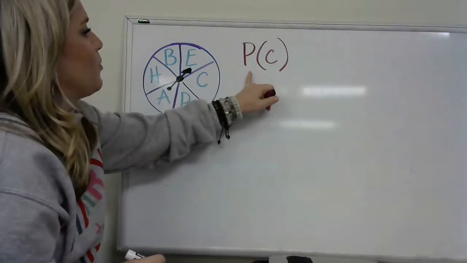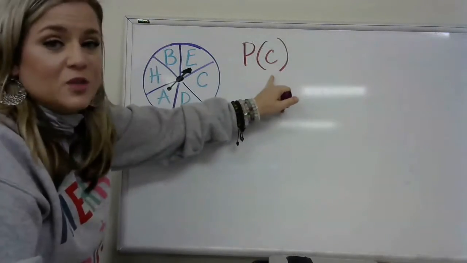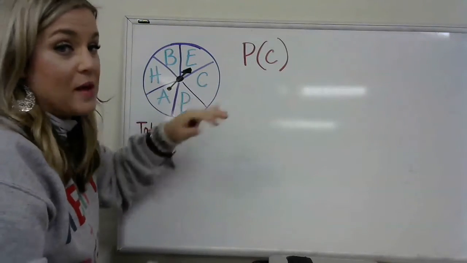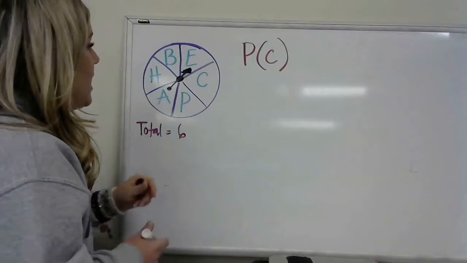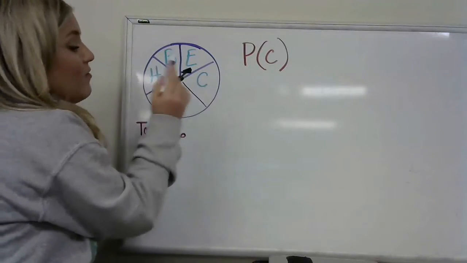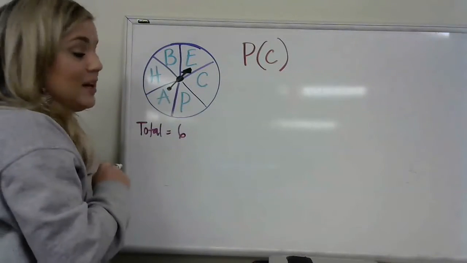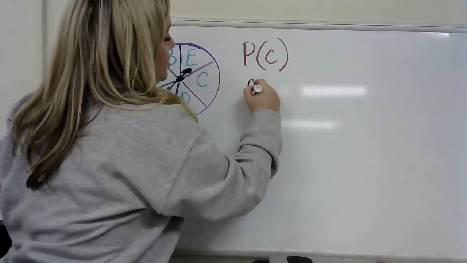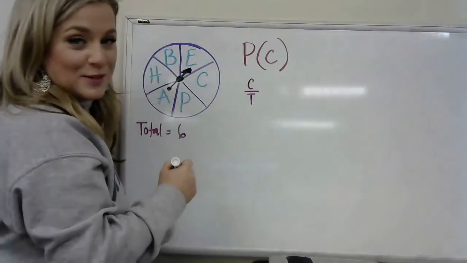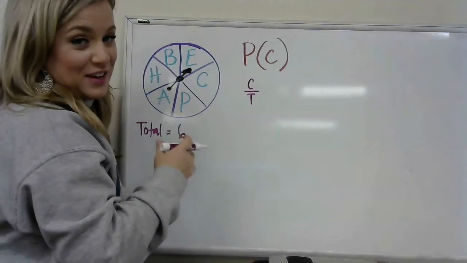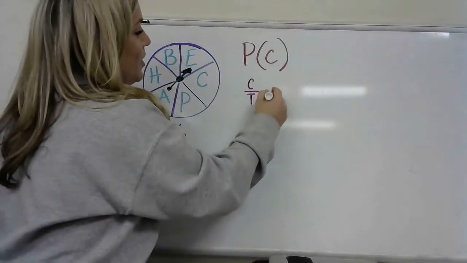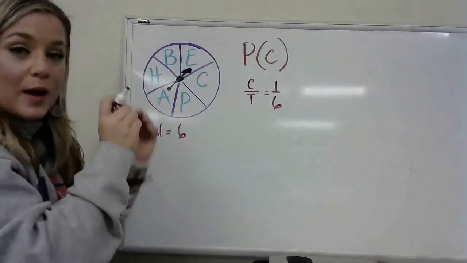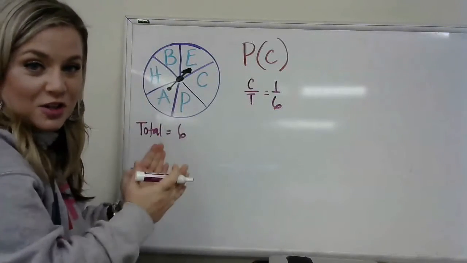So we want to know what is the probability of spinning the letter C, the probability of getting C. Well, we have how many C's? I have 1 C out of how many total? What you would do, which I like, is label it: C to total, chances of getting C to the total number. So you have 1 C out of 6 total spins, or sections on the spinner.